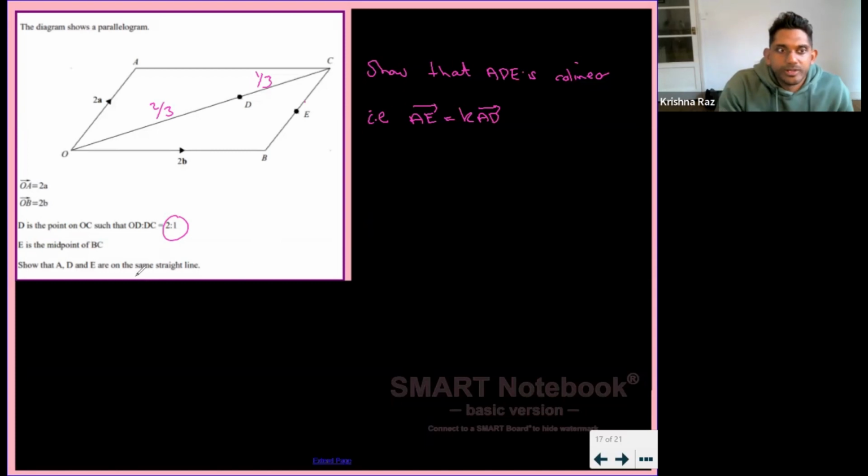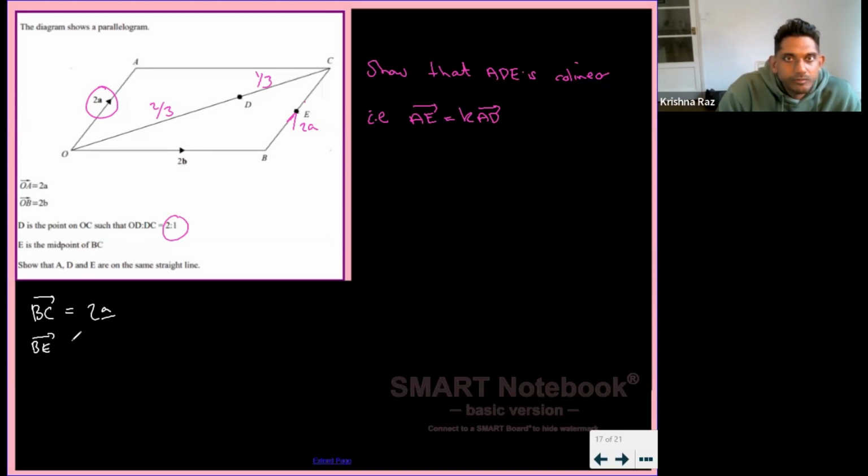Because either way, we're going to have to find BC. So let's find BC first. BC is parallel to OA, so that must be 2A as well. If BC is 2A, it would follow that BE equals EC, and that will equal 1A.